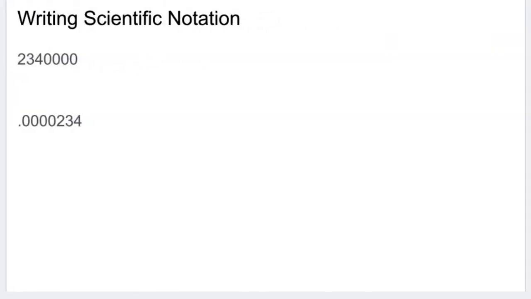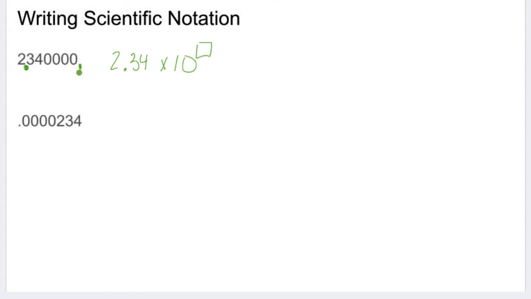So when we write in scientific notation, what we have is a large number, and we want to make it a small number between 1 and 10. That means the decimal is going to go behind the first digit, and you have to find out how many places you moved it. So if it goes behind the 2, that means we have 2.34 times 10 raised to something.